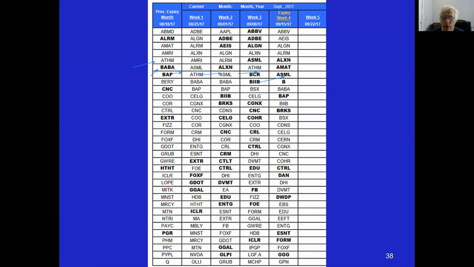When it's in bold, it means it had all bullish technicals. Then it was still on the list, but the technicals started to turn a bit. It didn't make it this week here, but it came back again on this last week here. So you can get a feel for the movement of the stock during the course of the current contract.